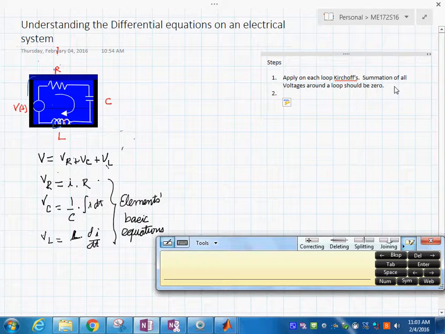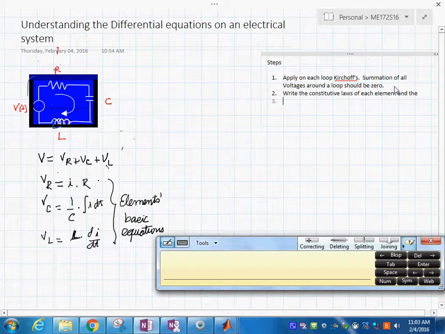This is called the constitutive laws of each element, and the relation to the voltages.